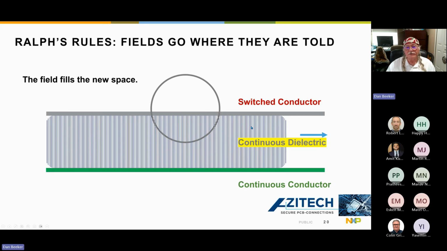And to the energy, this looks like a short circuit because the absolute maximum amount of field that can move in this dielectric, based on the dielectric constant, the thickness of the dielectric, and the width of the traces, will determine how many coulombs per second, or amps, can move through this space. So it will be maximized.